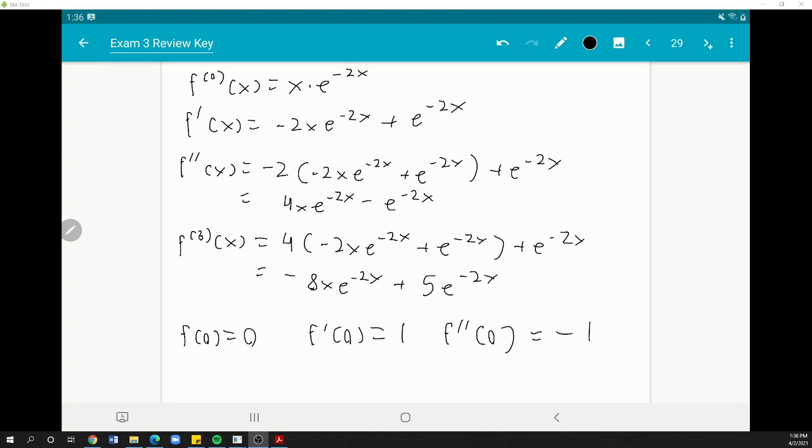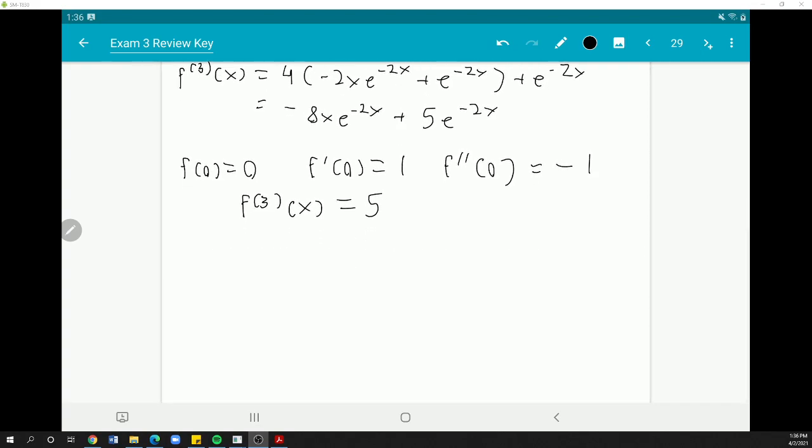So this is minus 1. The third derivative, now I plug in 0. This goes to 0 again. So I'm just left with a 5 here.